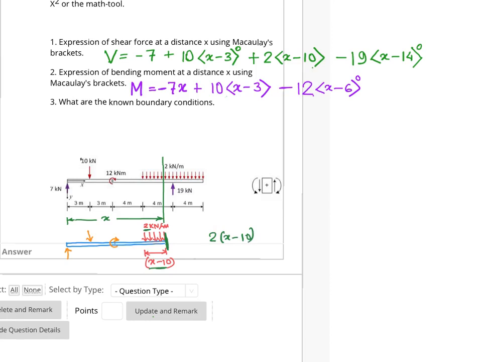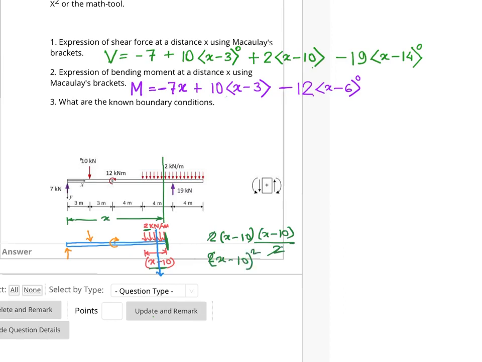That is the total load, and that will act at a distance of x minus 10 over 2, so times x minus 10 over 2. You'll get 2, and these 2 can get cancelled. So you can say x minus 10 square.